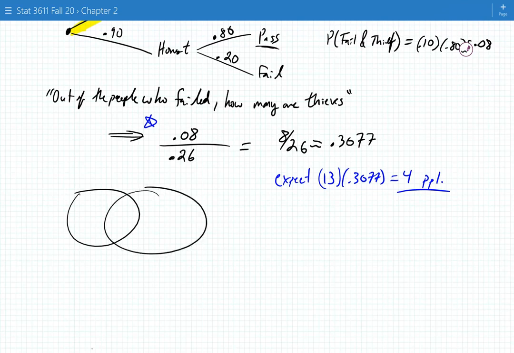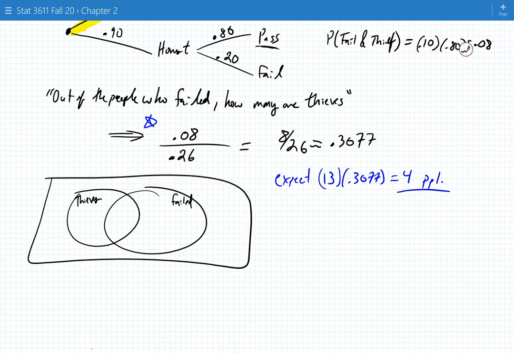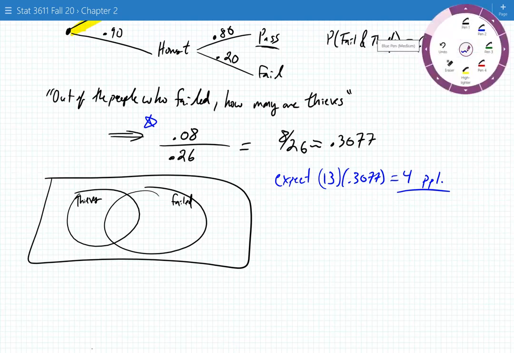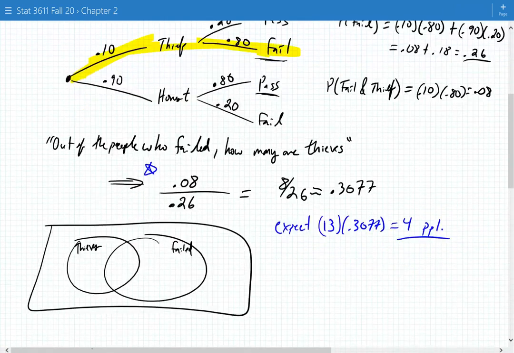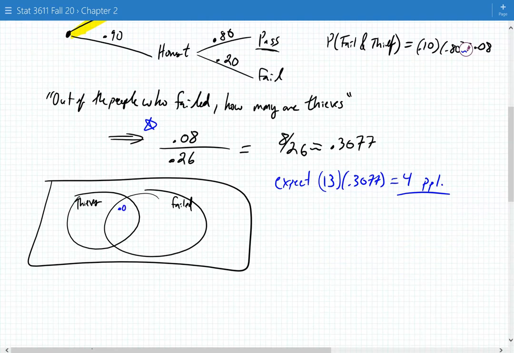You have thieves and those who failed the test, and there's an intersection area. The probability that someone fails and is a thief is 8%, so we know that there's 8% in here.